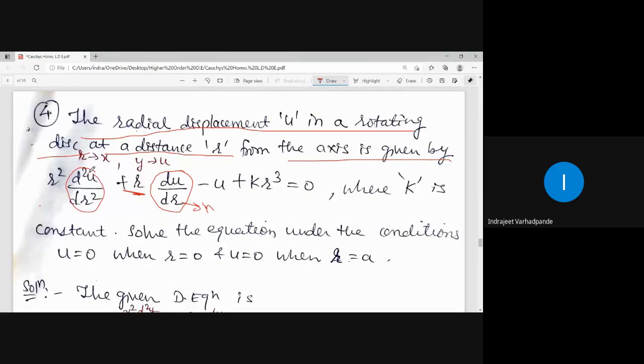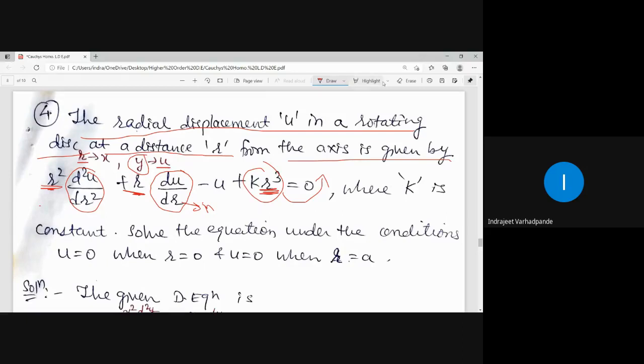d2u by dr square is multiplied by r square. This k r square must be transferred to the RHS, and it should appear in the form of r. So in place of y, here it is acting as u. In place of x, here it is acting as r.